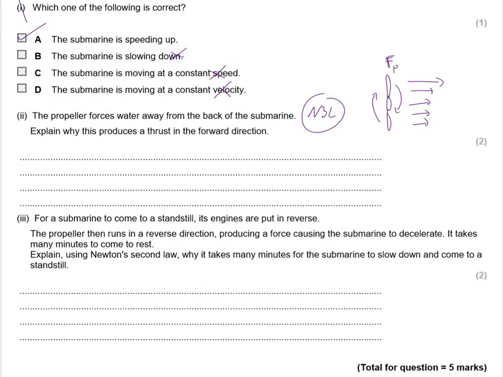So all this water here is pushed away, and that water will also be pushing back. So you have the force from the water also pushing back, because of Newton's third law. That's how you go forward: the propeller is pushing back, and due to Newton's third law, something else is going on as well.